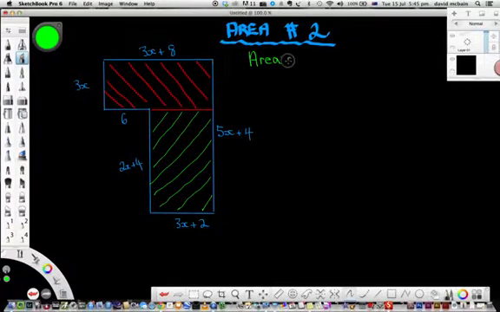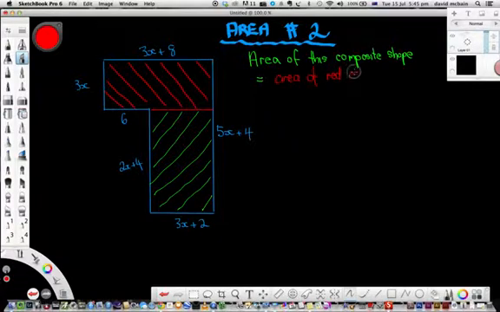So the area of this composite shape is equal to the area of the red rectangle plus the area of the green rectangle.